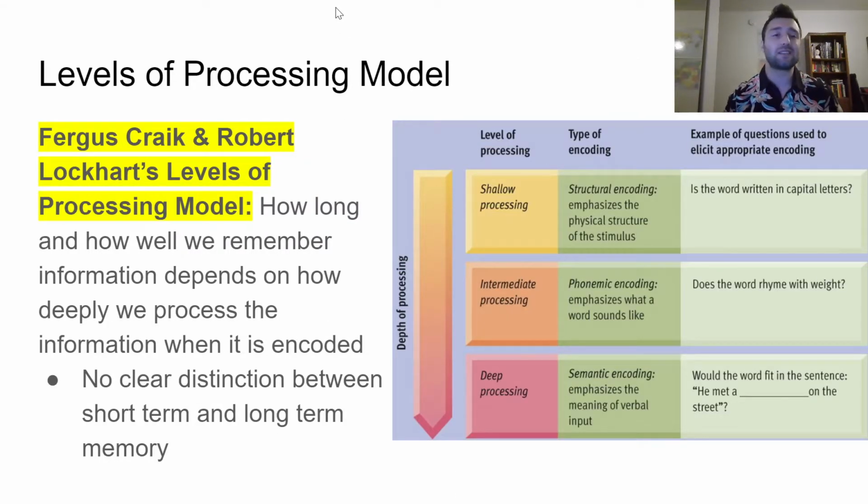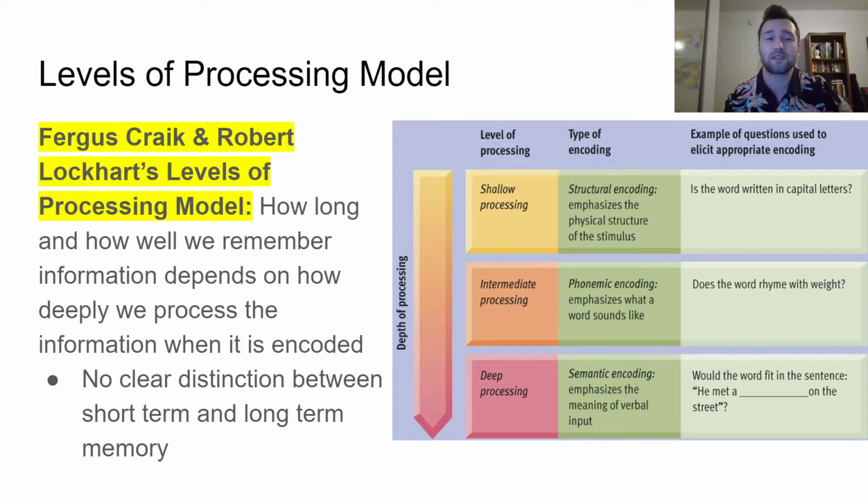Now that's going to take us into our second model. So we finished up this information processing model, which was the three stages: encoding, storing, and retrieval. Our next model is called the levels of processing model. The full name is technically Craik and Lockhart's levels of processing model, but usually it's just referred to as the levels of processing model.